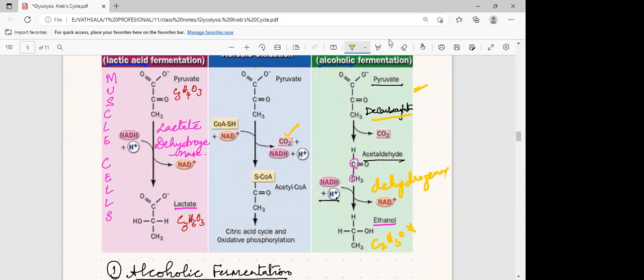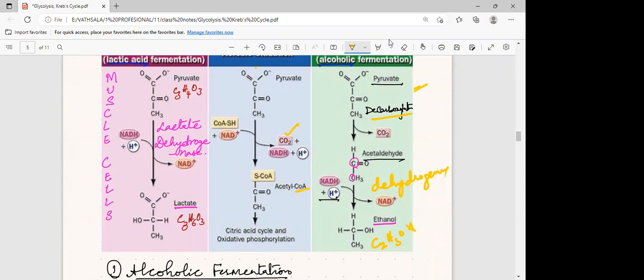Coenzyme A is added, so acetyl CoA, CH3CO. Sulfur, acetyl CoA is added. This acetyl CoA enters into the Krebs cycle.